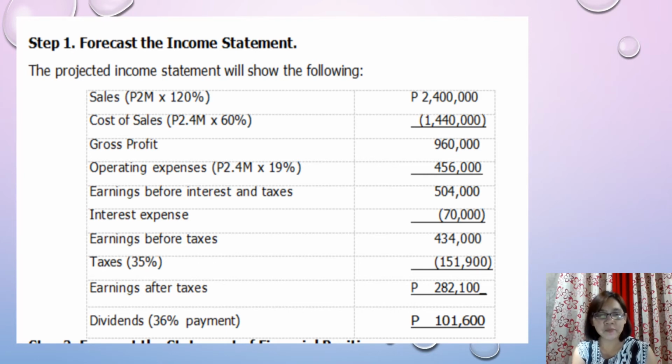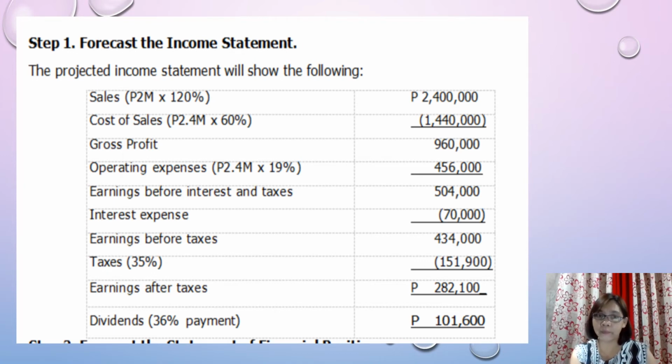And then, yung cost of sales is 1 million 440,000. So, kunin po natin yung 60% ng 2 million 400,000. Bakit po 60%? Kasi dyan sa copy niyo po, yung sa illustrative case po na copy niyo, yung cost of sales po na 1,200,000 is 60% of 2 million.